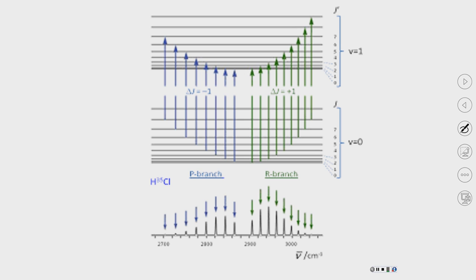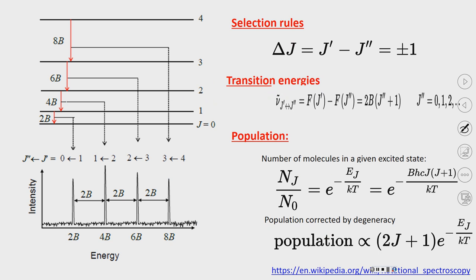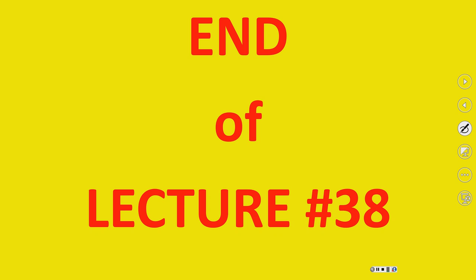And when one summarizes the dependence of these transitions on incoming frequency, there will be a spectrum of rotation, which will depend on selection rules, on these transitions, and on the occupation.